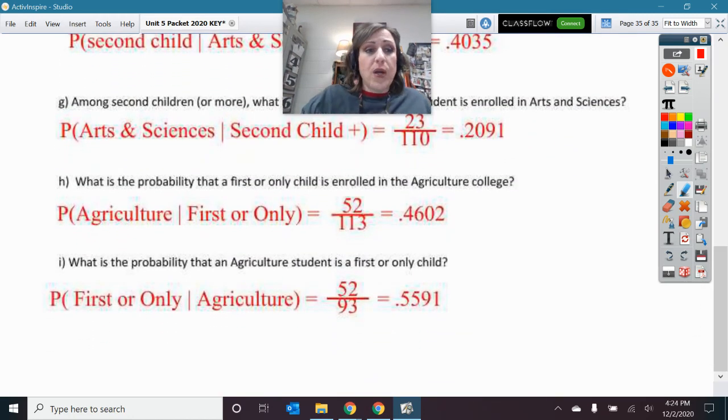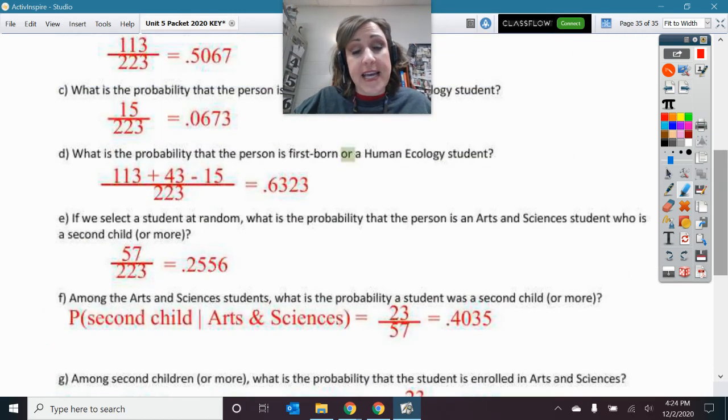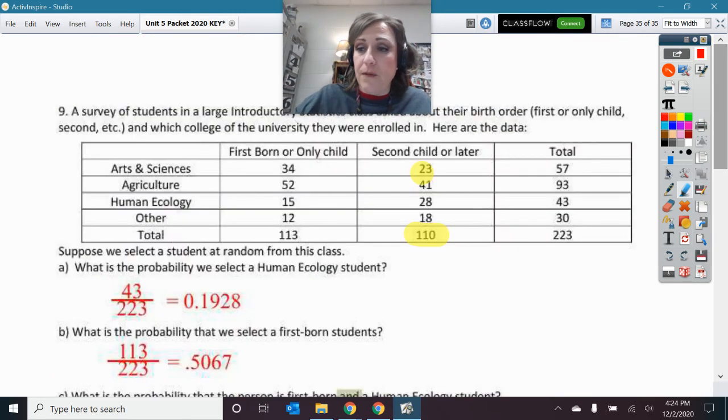What about this? What is the probability that a first or only child is enrolled in the agriculture college? So that's not saying a randomly selected student who is first child and agriculture. That is not saying the 52 out of the 223.